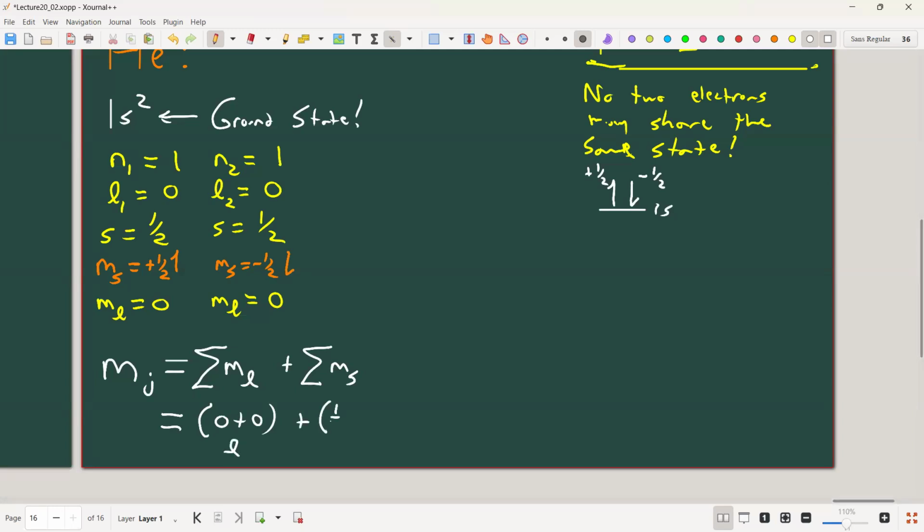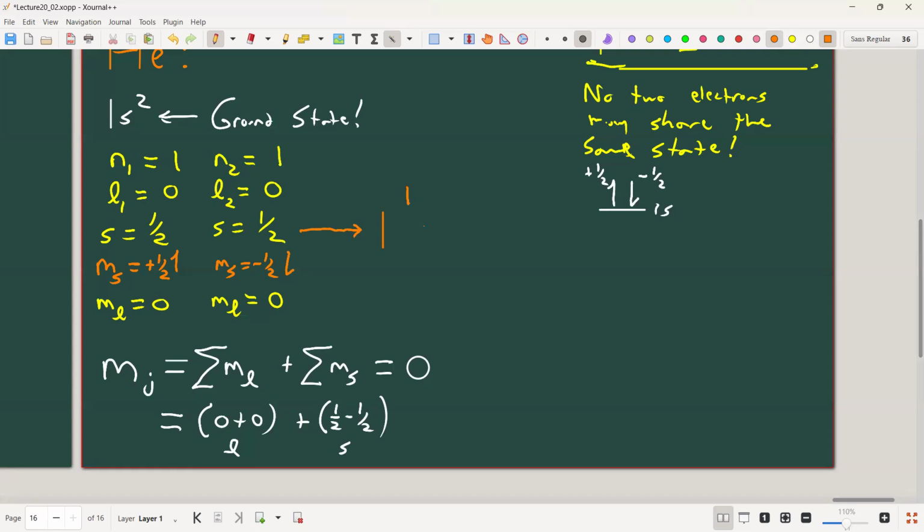And m sub S is 1/2 minus 1/2, because they're different signs. And so this is equal to 0. All right, so for the ground state of helium, the total spin S is 0 because one spin cancels out the other one. So this is n equals 1. It's what's called a singlet.